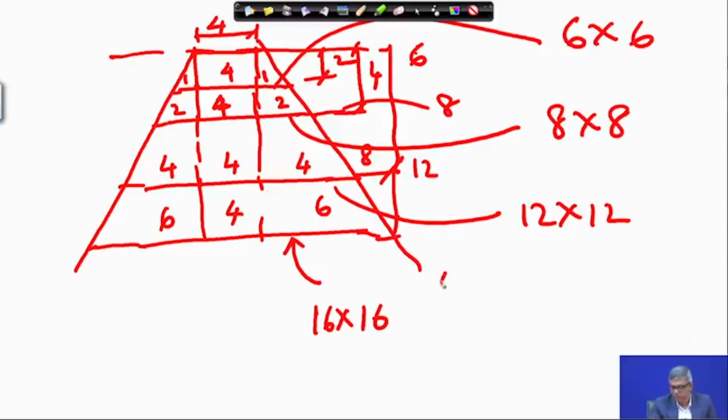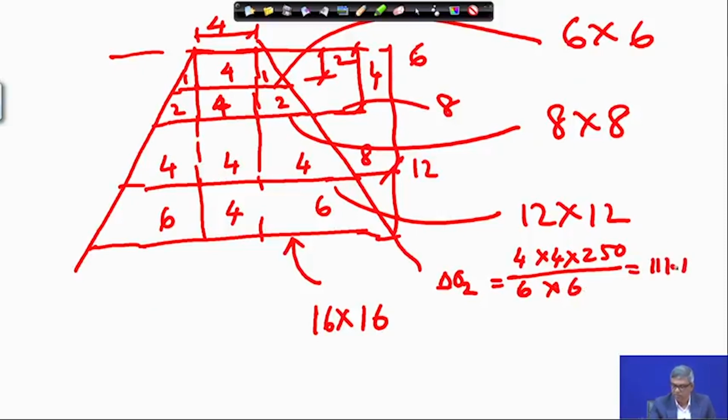Now I can find out delta sigma z at 2 meter. It will be 4 meter by 4 meter footing multiplied by 250, the pressure that was loaded, divided by 6 by 6, that will be 111.1.